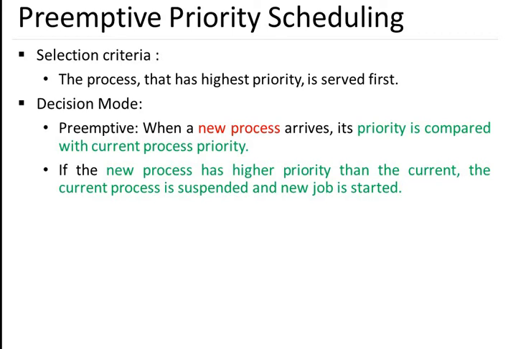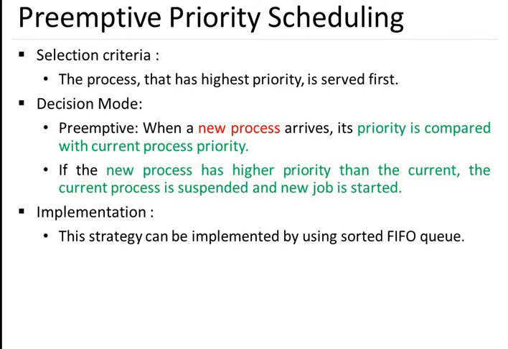So the difference between non-pre-emptive and pre-emptive priority scheduling is that here, when a new process arrives and it has higher priority compared to the currently running process, the current one is suspended, and the newly arrived process with higher priority gets the CPU for execution.